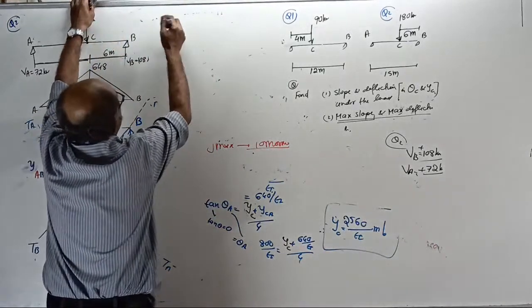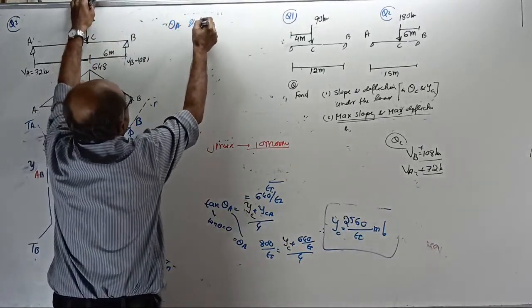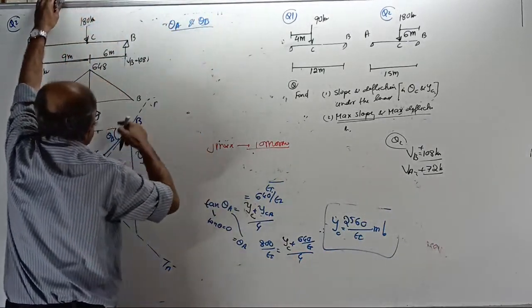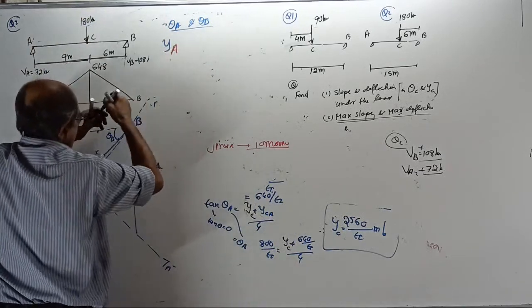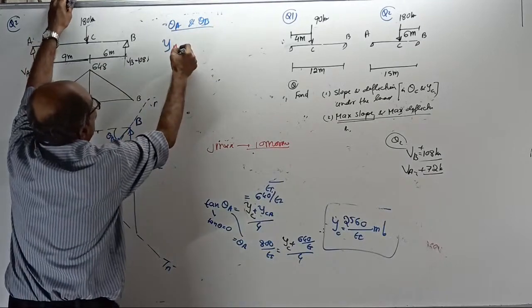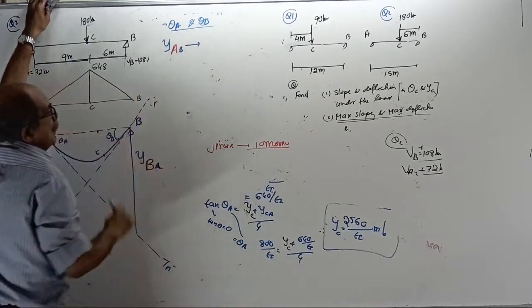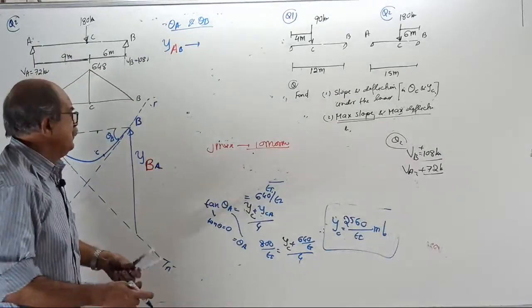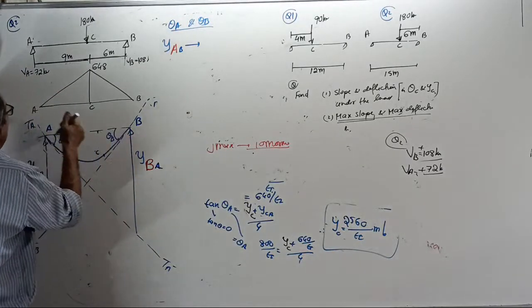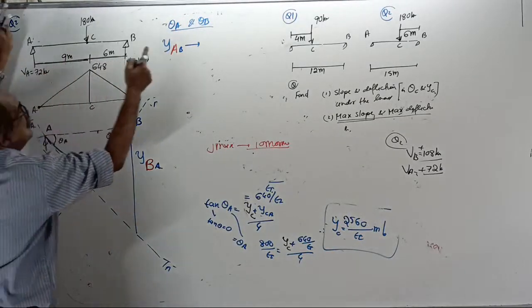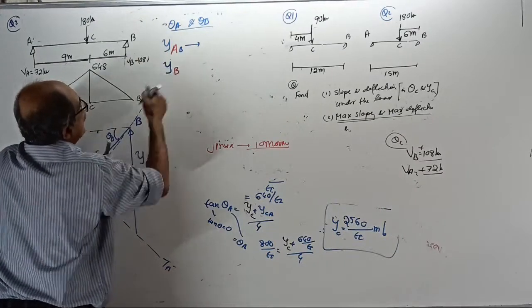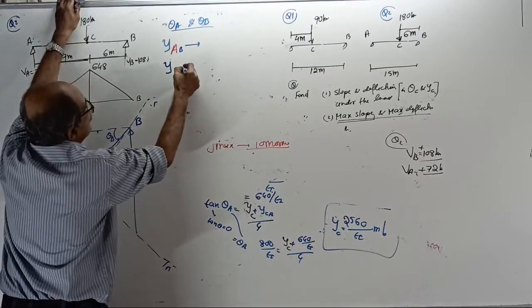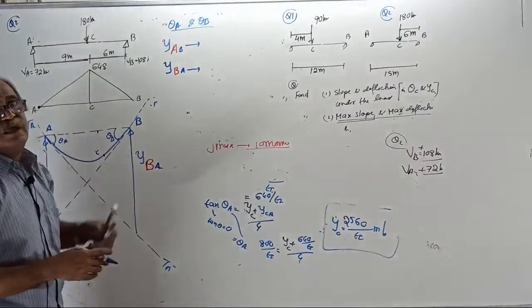First is to find theta A and theta B. For that, first you find y of A with respect to B. You find the moment of the area of the BM by EI diagram between A and B, moment about A. Then find y of B with respect to A. You should find the statement just now given.